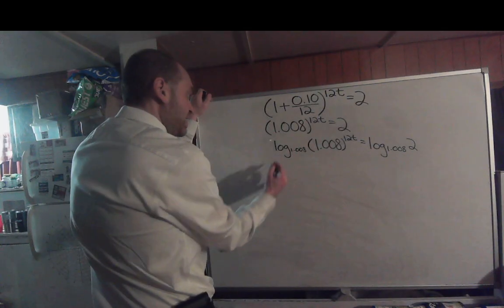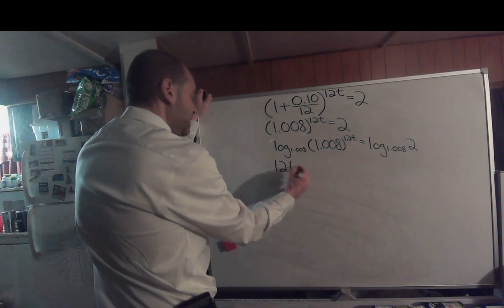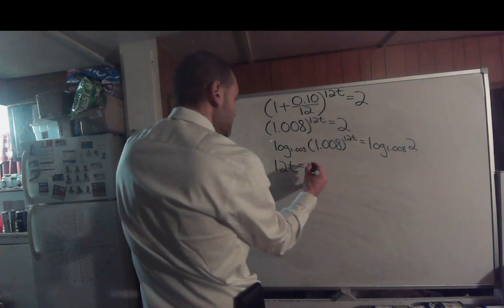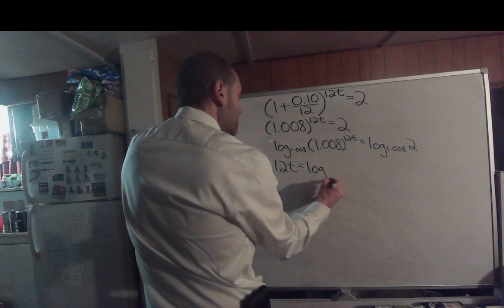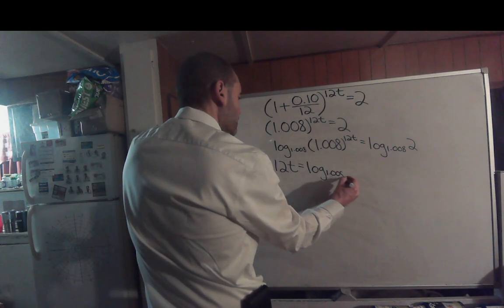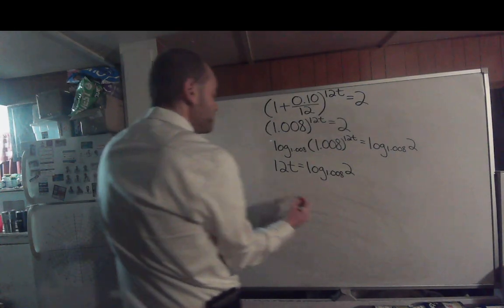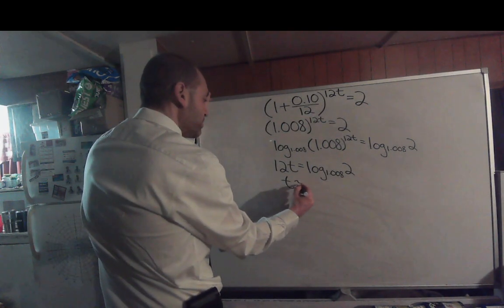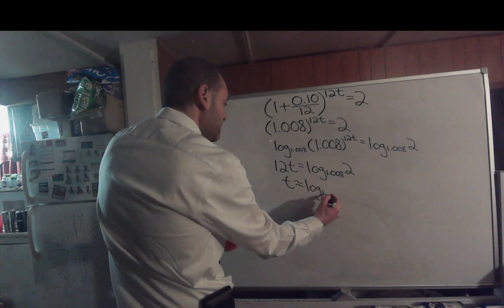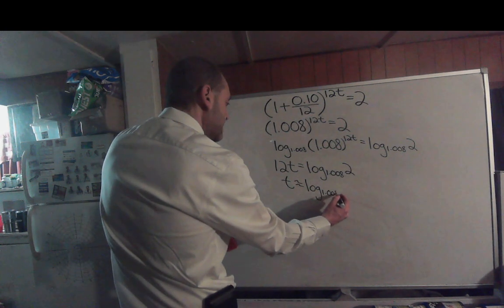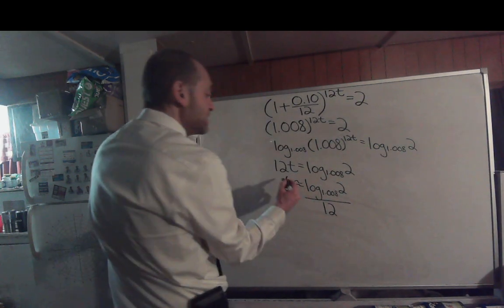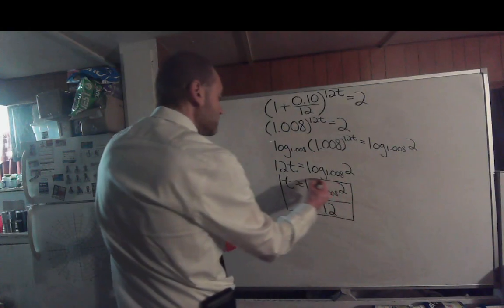So the left side, you'll end up just getting 12t equals the right hand side, which would be log base 1.008 of 2. So t is approximately equal to log base 1.008 of 2 divided by 12. That's the approximate algebraic solution.